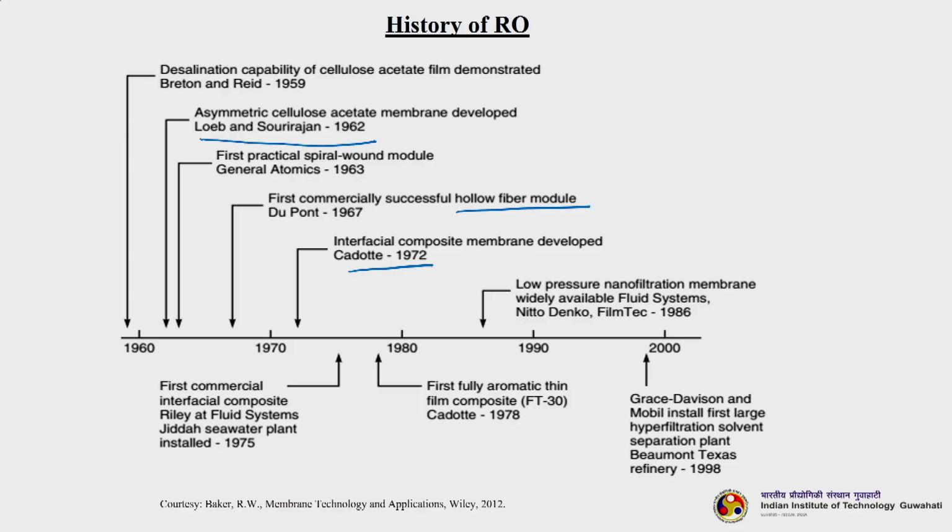Cadotte developed this type of composite membrane in 1972. Then the first commercial interfacial composite membrane was proposed by Fluid Systems, and commercial application was successfully demonstrated for the seawater plant in Jeddah, Saudi Arabia in 1975.